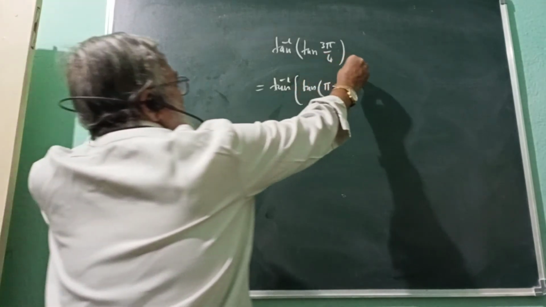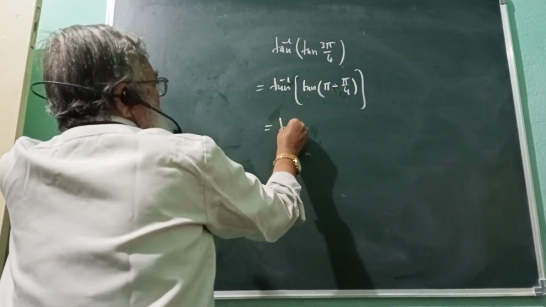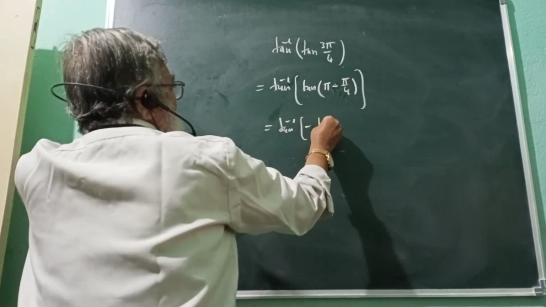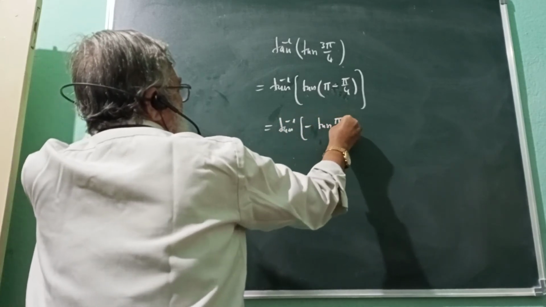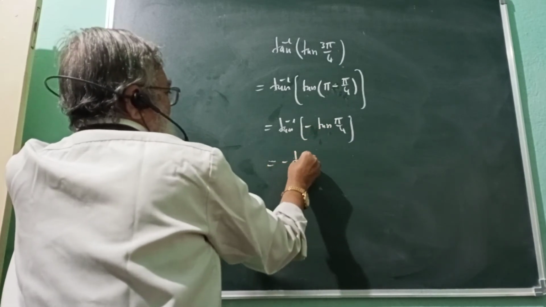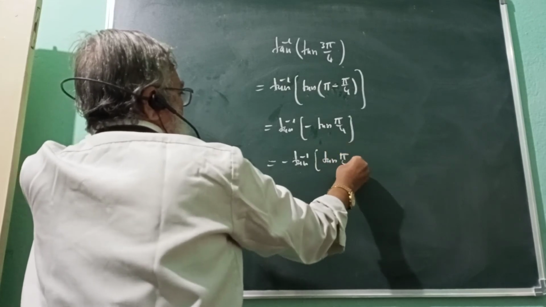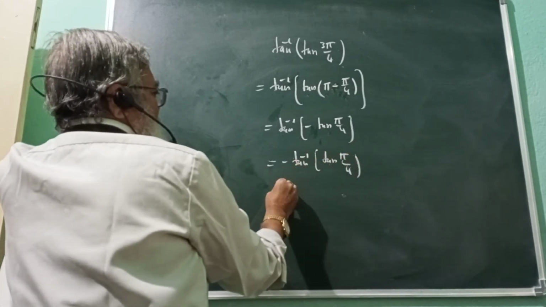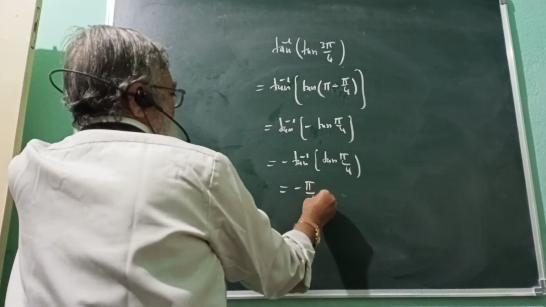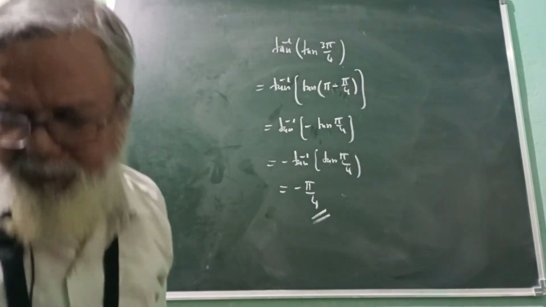So therefore tan of 180 minus theta is equal to minus tan theta. And you know tan inverse of minus x is equal to minus tan inverse of x. And you know tan and tan inverse cancel each other. The answer is minus pi by 4, which is the value of the given problem.